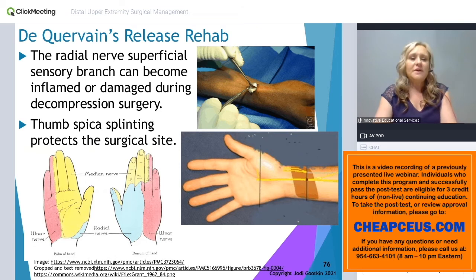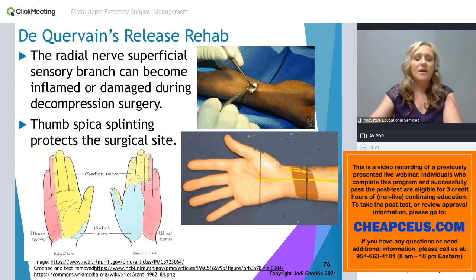As we're rehabbing the patient, if they did have the surgical release, manual muscle testing is usually deferred to allow some time for healing of those tendons to occur, for several weeks. And based on the incision approach that the physician uses, we're going to monitor the patient closely for any transient nerve damage that may occur. So we're going to look at the sensation to the incision as well as that surrounding area.